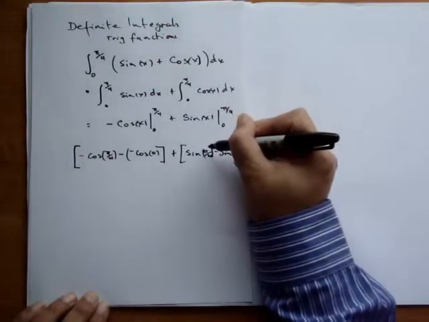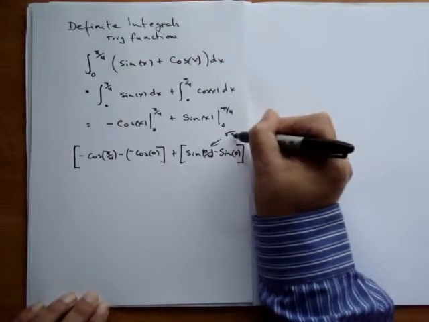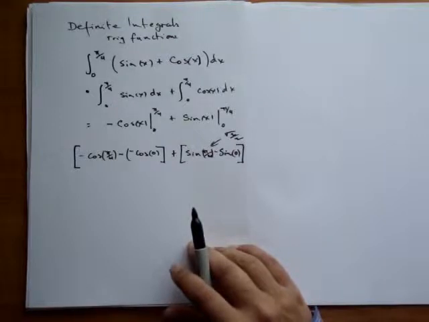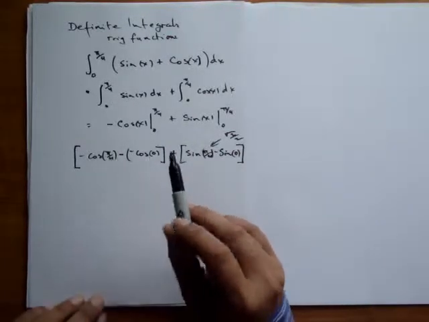Now sine pi over 4 is square root of 2 over 2, and cos pi over 4 is square root of 2 over 2.